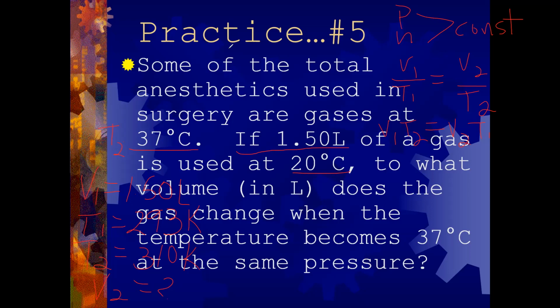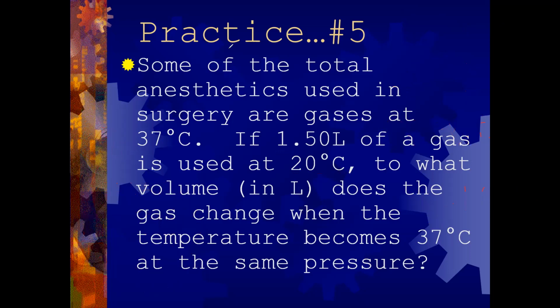Okay, my answer is 1.58 liters. 1.59, sorry, 1.59 liters. So V2, the volume at 37 degrees, is going to be 1.59 liters. All right, let's clear that and let's go to the next one.